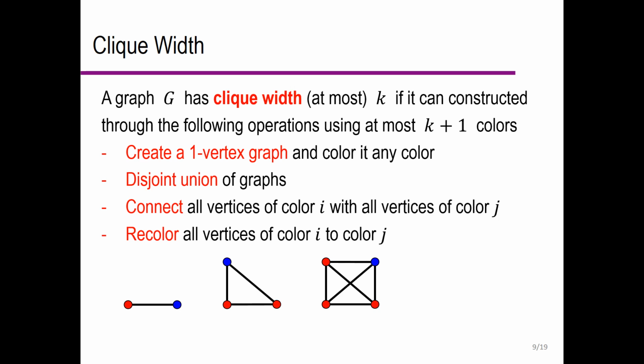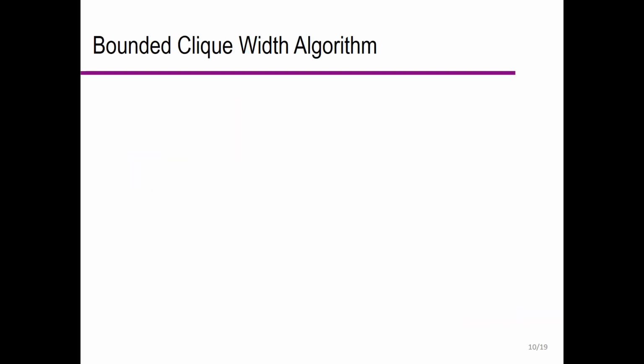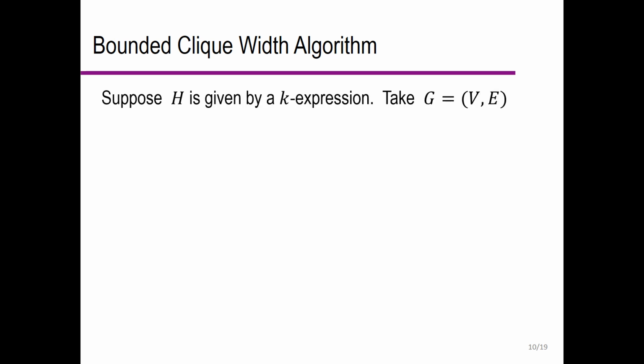Every graph of clique width at most k can be represented as a sequence of operators like that. And this sequence of operators we will call, in this case, a k plus 1 expression. So every graph of clique width at most k can be created using a k plus 1 expression. The algorithm for bounded clique width is again a dynamic programming one.